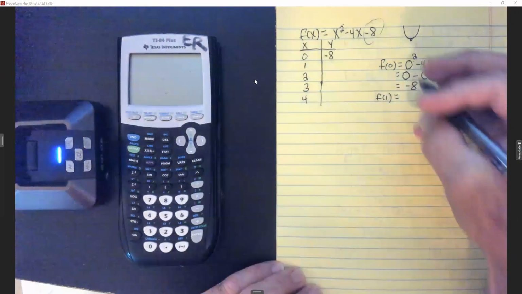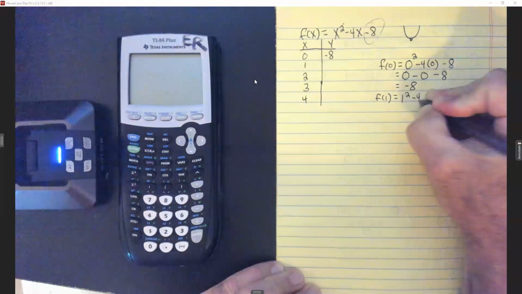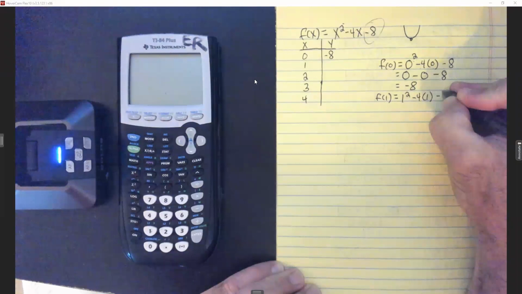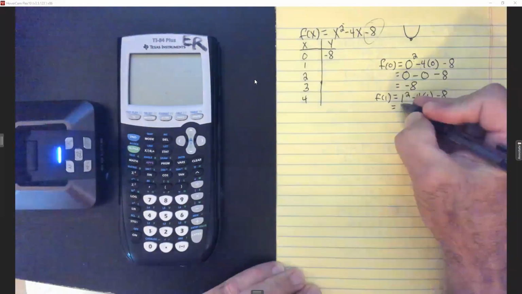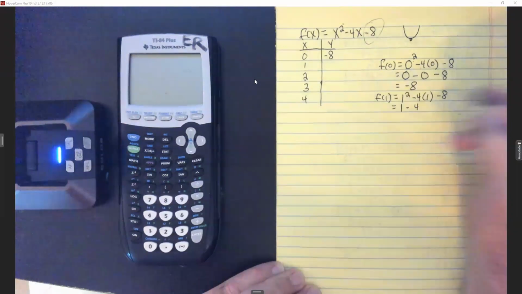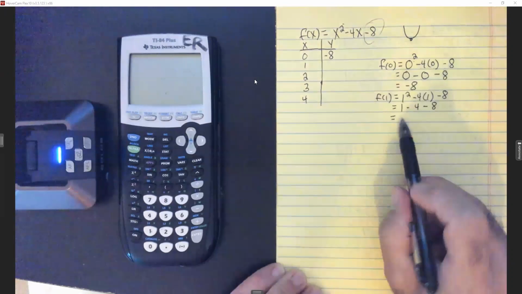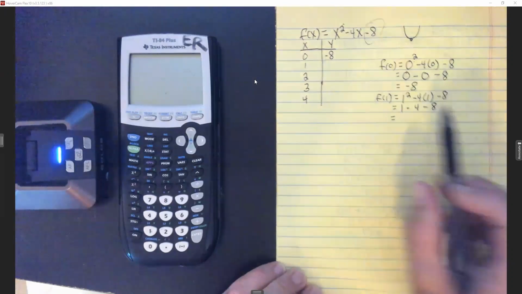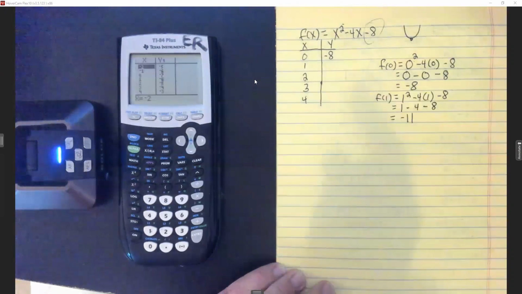All right, so this one is 1 squared minus 4 times 1 minus 8. All right, y'all, 1 squared is 1 times 1 is 1. Minus 4 times 1 is 4, and then minus the 8. All right, so let's see. 1 minus 4 is -3. -3 minus 8 is a -11. And remember, you can do these on here.